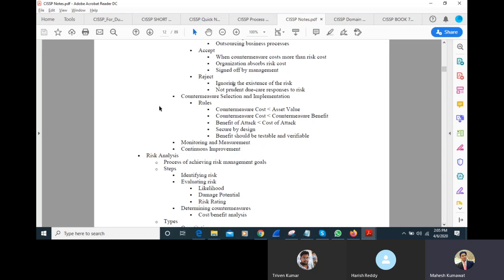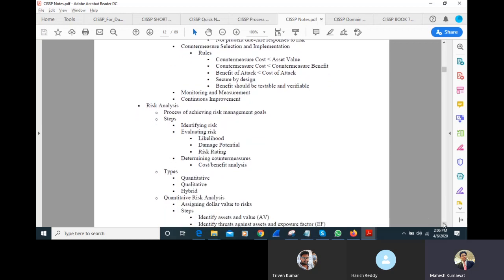So risk analysis is the first thing. Risk assessment is the first thing we do, checking whether this risk is there or not. Then risk analysis is basically the process of achieving risk management goals. The steps are identifying, evaluating risk, likelihood, meaning how often the risk occurs, and damage potential, the risk rating.